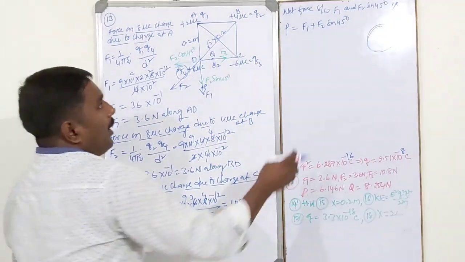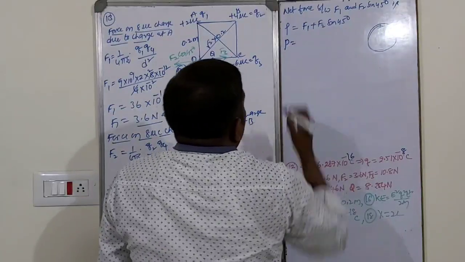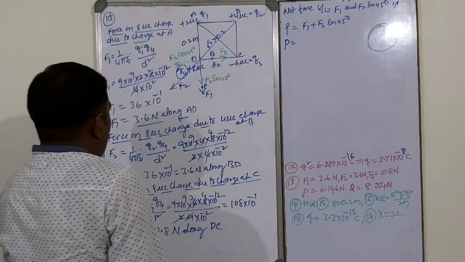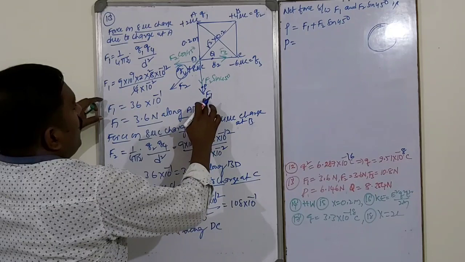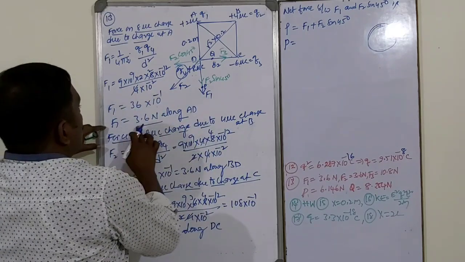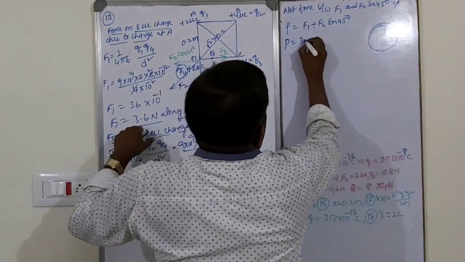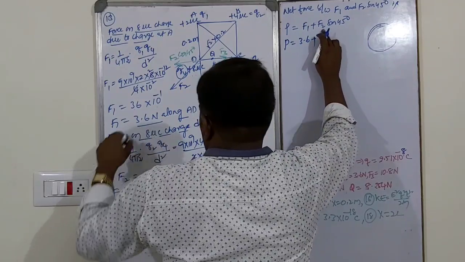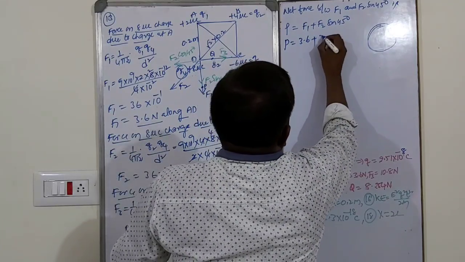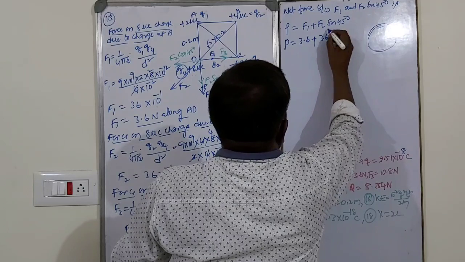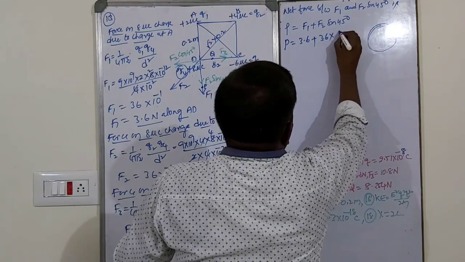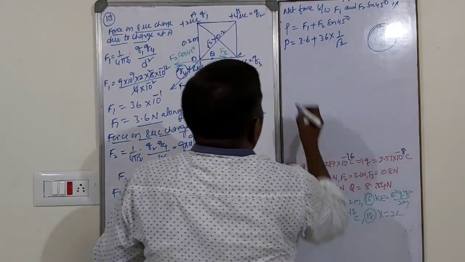F1 is 3.6, plus F2, which is 3.6 into sin 45 degrees, which is 1/√2.